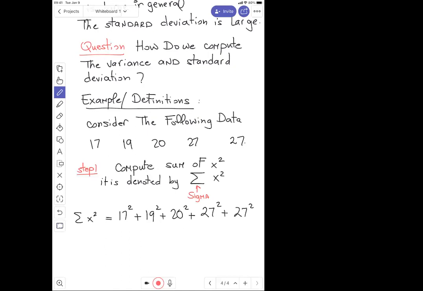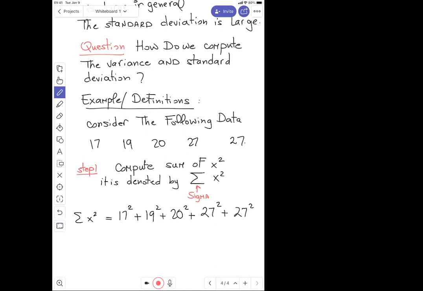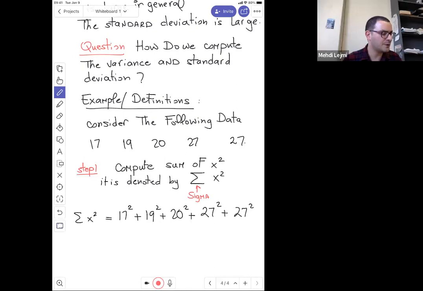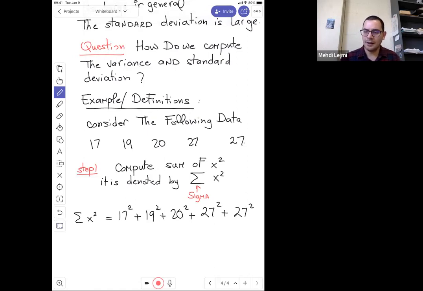It's always the square. The idea here I'm going to explain later. In the formula we're taking the square because, in some sense, we're applying a sort of Pythagorean theorem. We use the square to measure the distance between your data value and the mean. But anyway, it's always the square, okay?